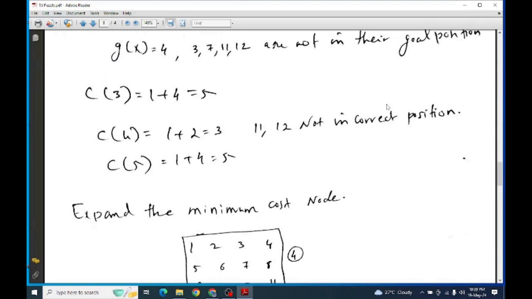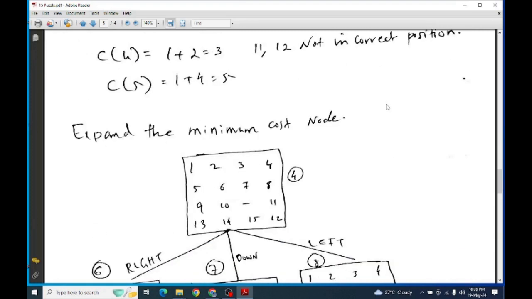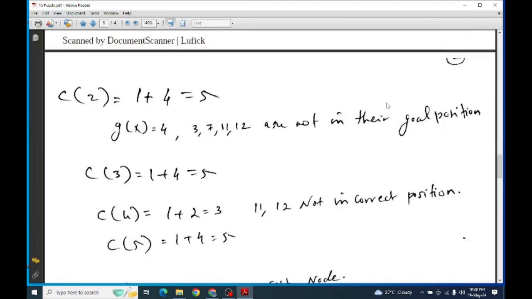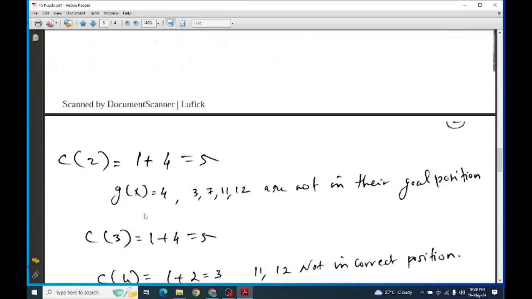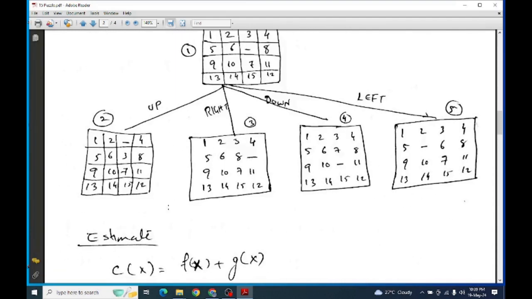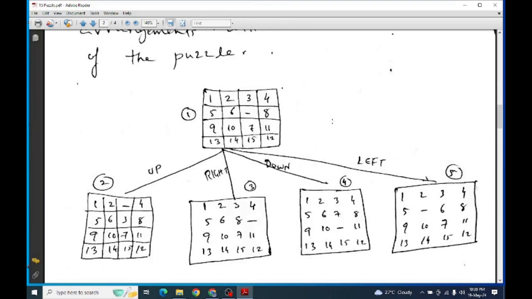Okay, which is the state with least cost? It will be state 4. So we will select the movement which gives state 4. So that is down, that is making the empty space down, that is pulling 7 up.